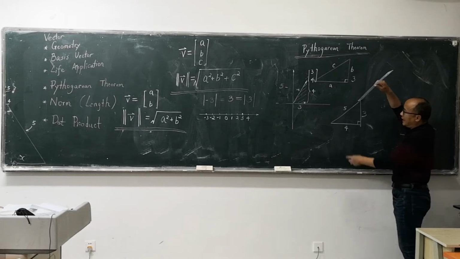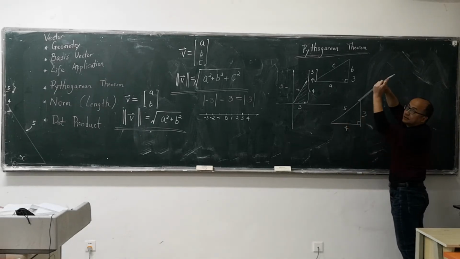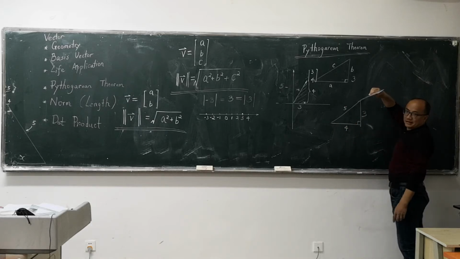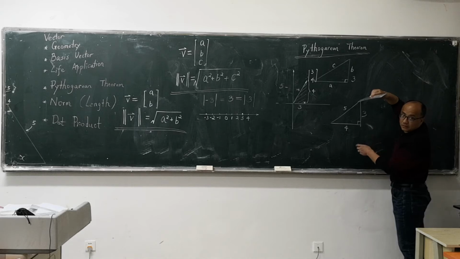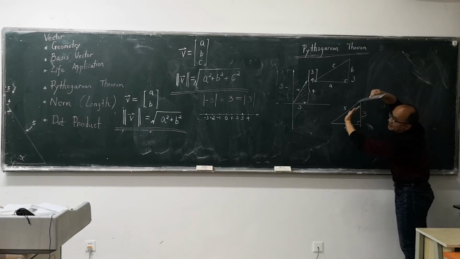Then what's the length from here to here? 12. From here to here, 12, 13, 14. Yes. From here to here, here has another right triangle.